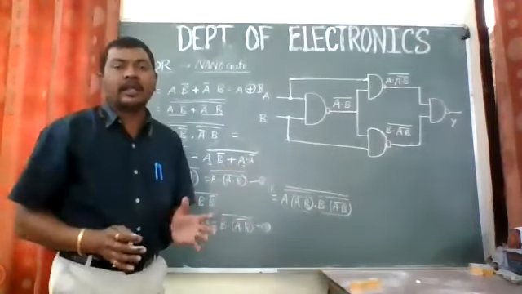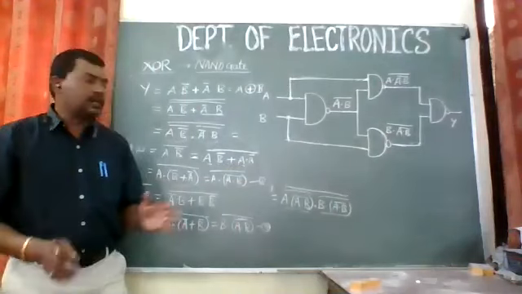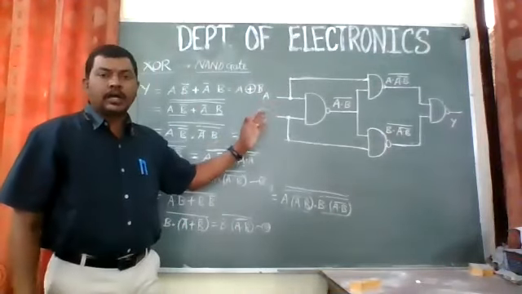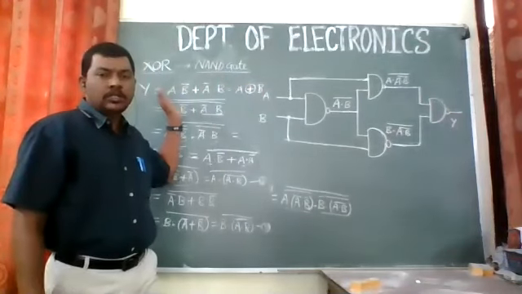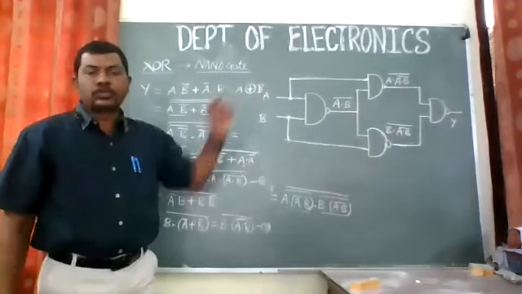So this is how the NAND gate is implemented, and this is the circuit which we are expecting you to draw while converting this XOR gate by using NAND gate.